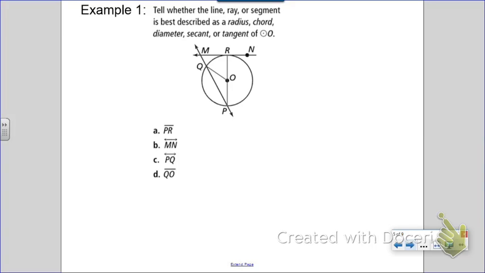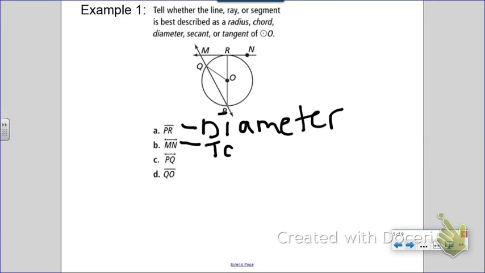The circle is always named by the center point. So from P to R would be a diameter. Line MN would be a tangent line or tangent.